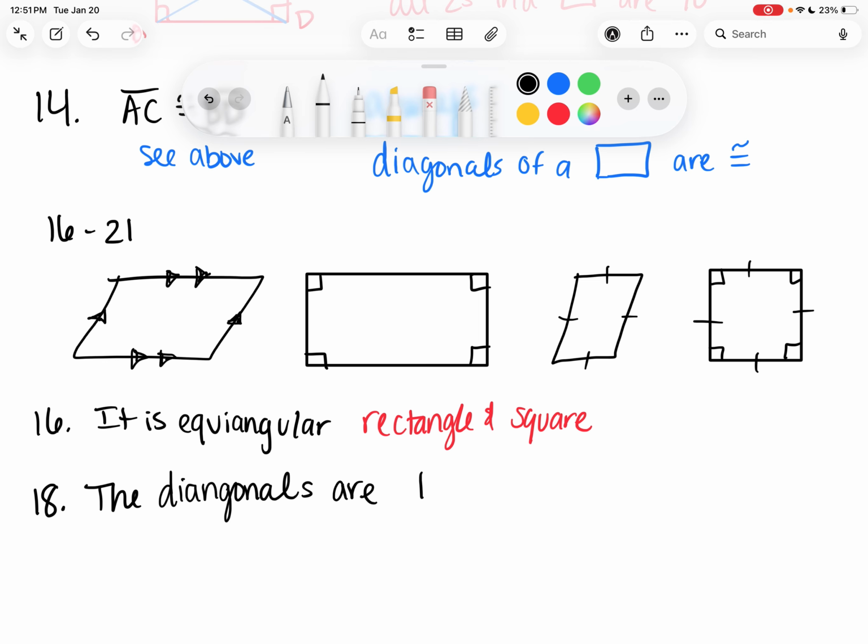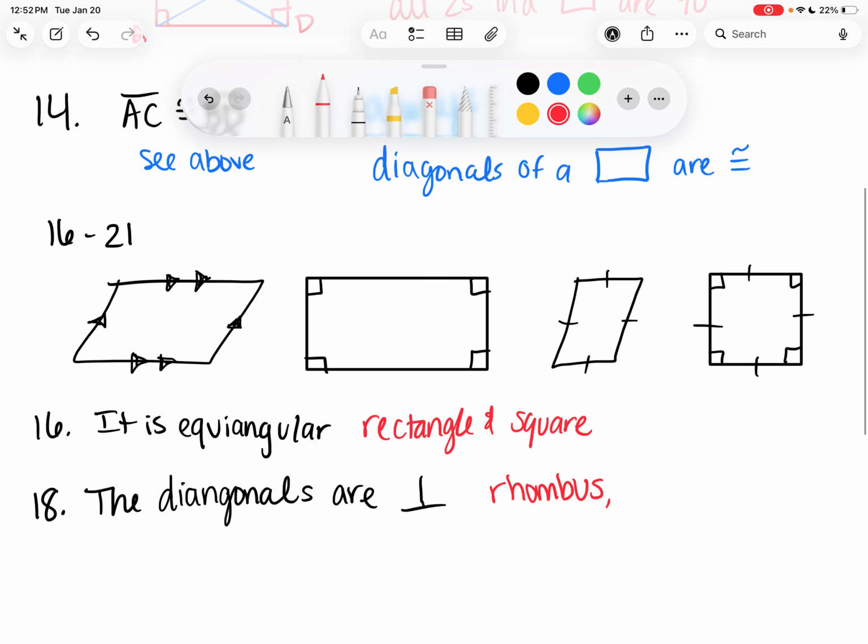All right, the diagonals are perpendicular. So which of these have diagonals that are perpendicular? Rhombus. What other shape is also a rhombus? A square.